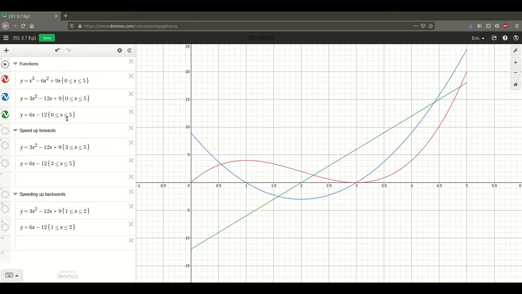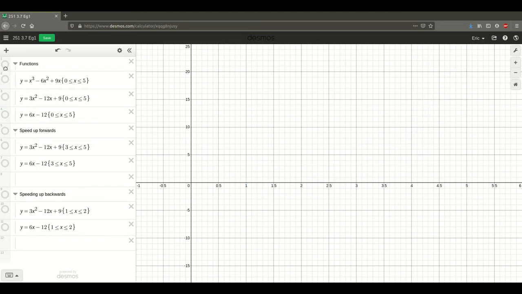The particle is speeding up when its acceleration and its velocity have the same sign. So for instance, over this time interval, the blue line is the velocity and the green line is the acceleration. The blue line says that the particle is moving forward, and the green line says that there is a force pushing on it in the forward direction.